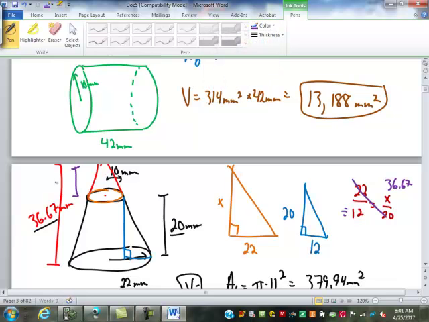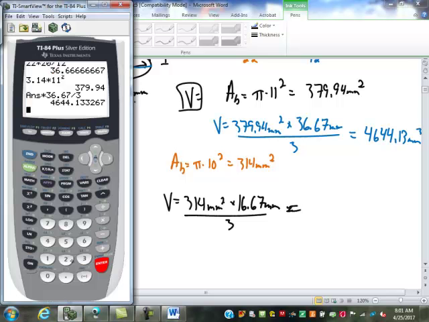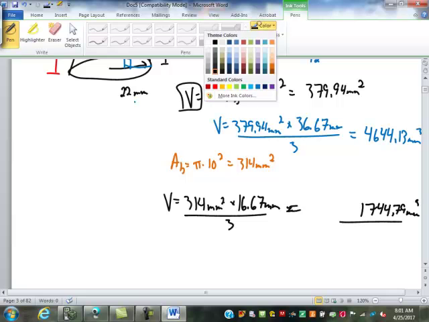So that's going to be 16.67. And of course, divided by 3. It's a cone. Gives us 1744.79 millimeters cubed. We subtract those two.